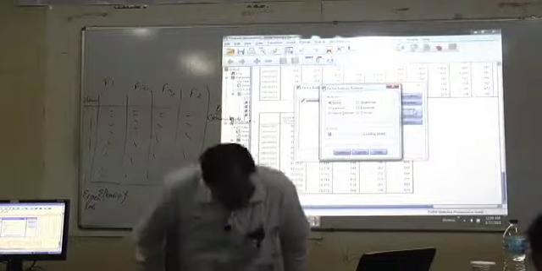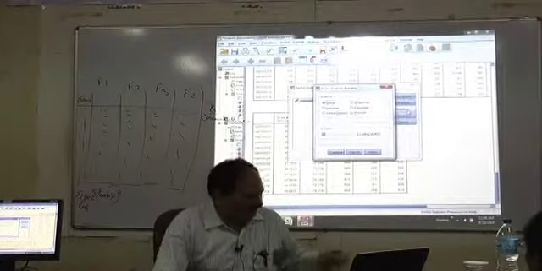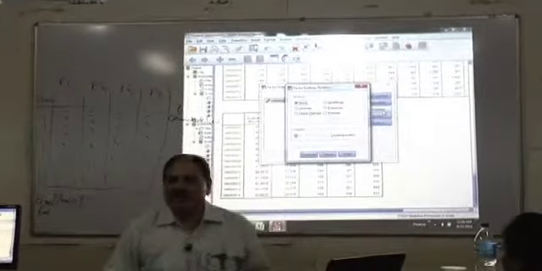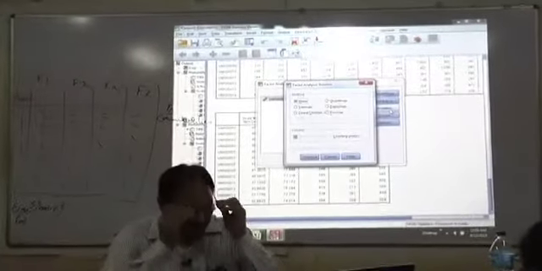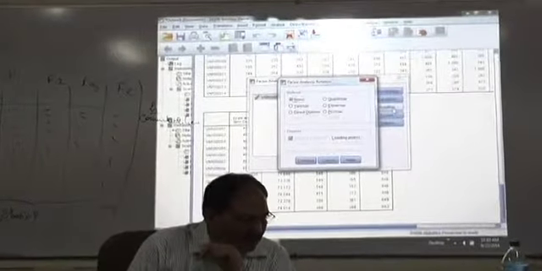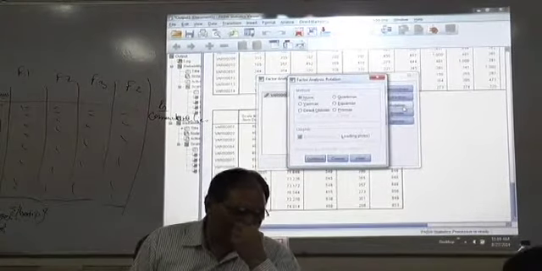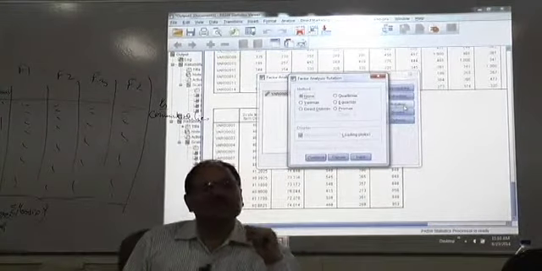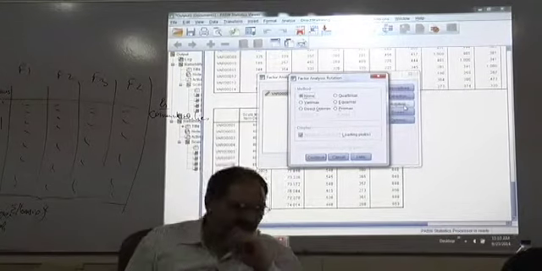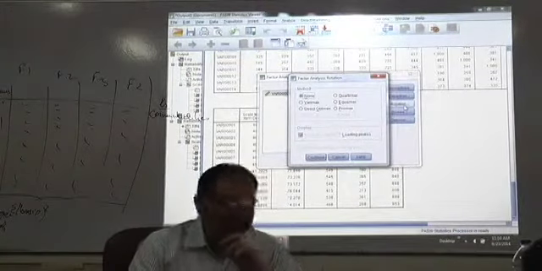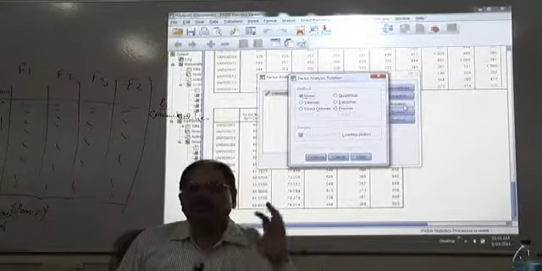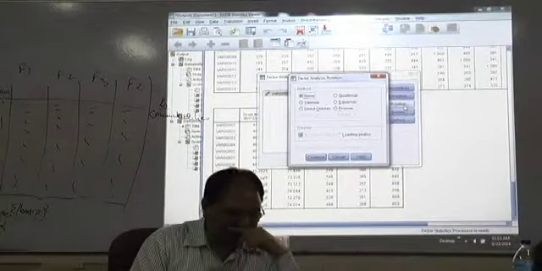There are 3 orthogonal rotations: Varimax, Quartimax and Equamax. Varimax, Quartimax and Equamax. And 2 oblique methods, direct oblimin and Promax.